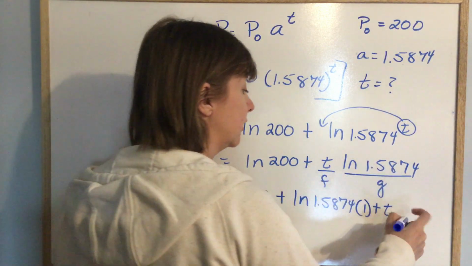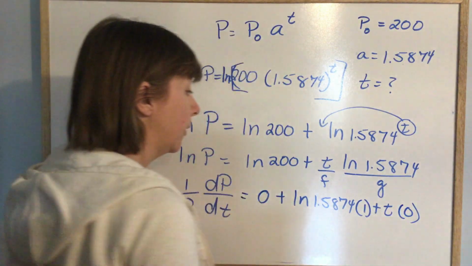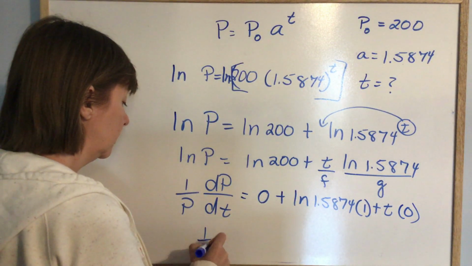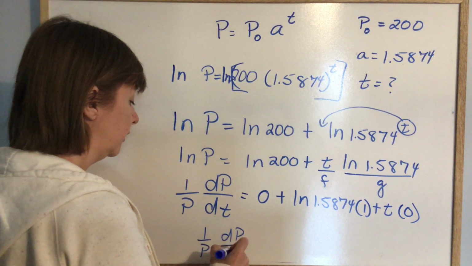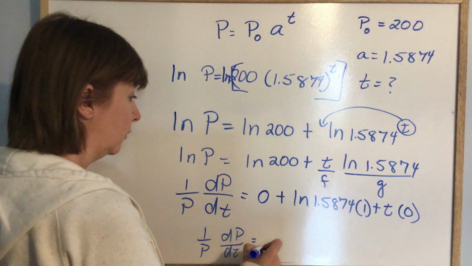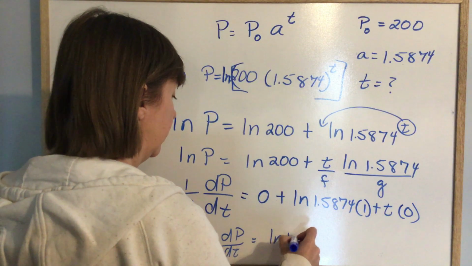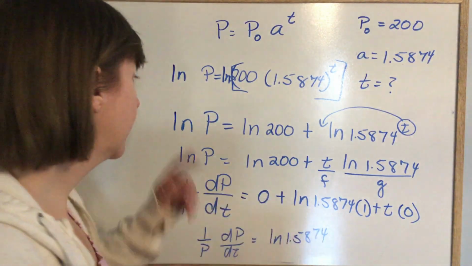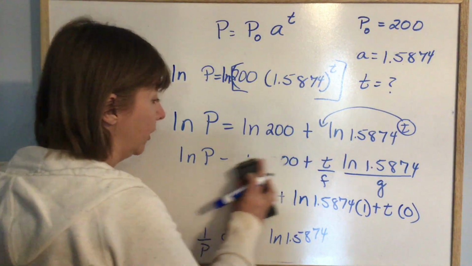Again, that's a constant, so that is 0. So what I end up with is 1 over p dp over dt equals ln of 1.5874. Okay, I need space again, so I got to go up here. Okay, so that's what I have so far.